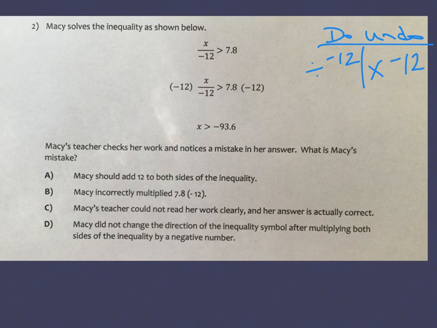All right, let's take a look at what she did. x divided by negative 12 is greater than 7.8. Got it. The do was divide by negative 12, so our undo is multiply by negative 12. Well, she multiplied the left side by negative 12, and she multiplied the right side by negative 12. So that looks pretty good.